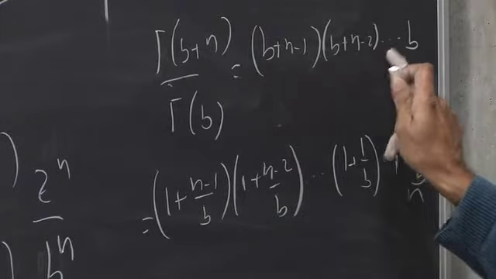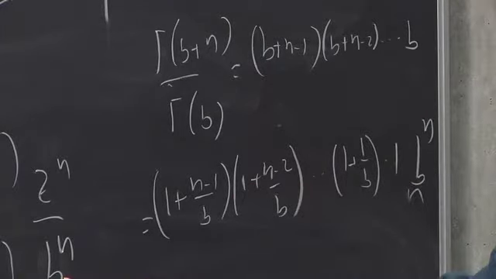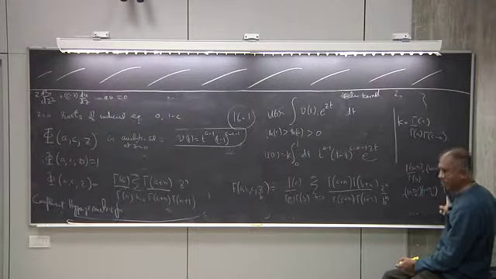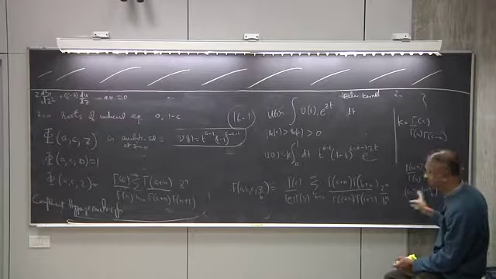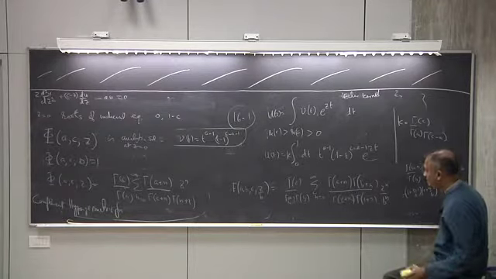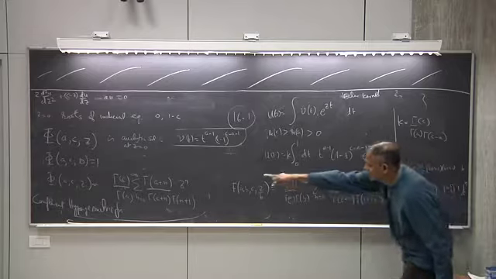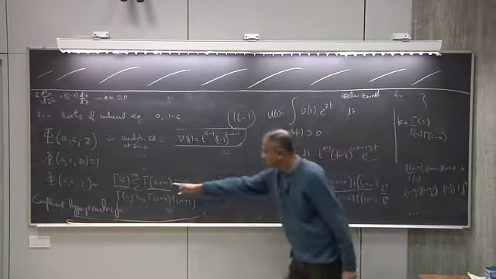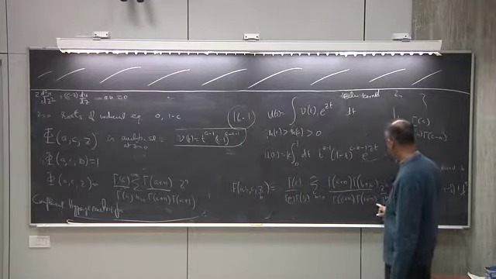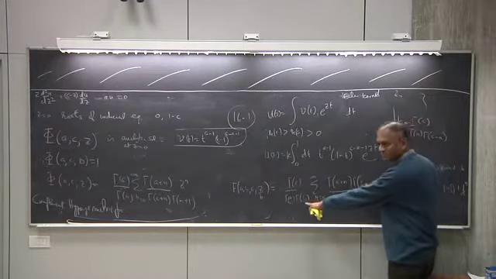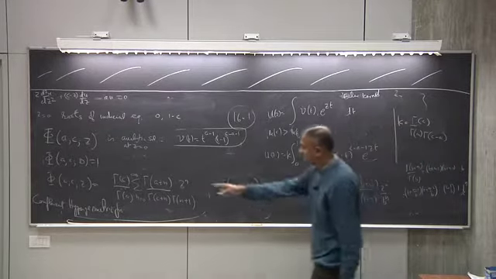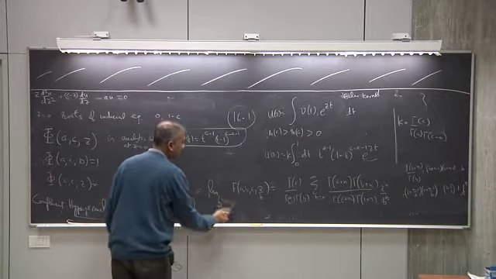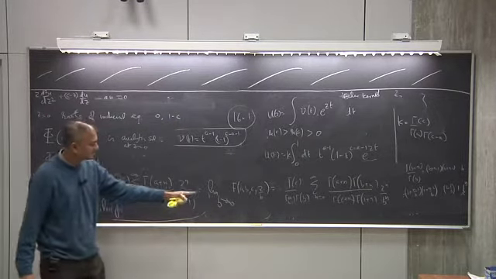That b to the n will cancel with this b to the n. And now I take the b to infinity limit, then this simply becomes 1, for any finite n. So this just collapses to that, because you have gamma(c), gamma(a plus n) over gamma(c plus n), gamma(n plus 1), and the b to the n cancelled. So really this is nothing else but the limit b going to infinity of the hypergeometric function F(a, b, c; z divided by b).